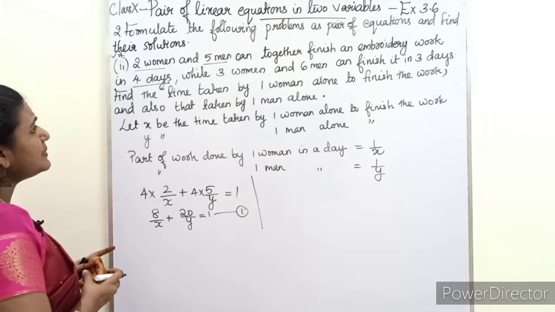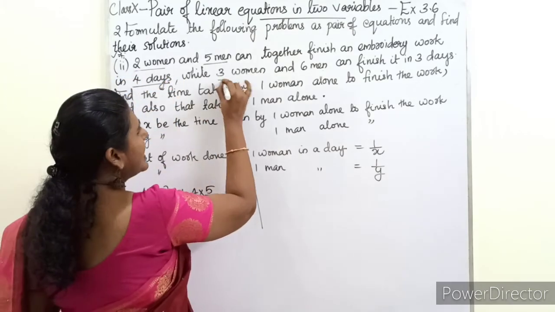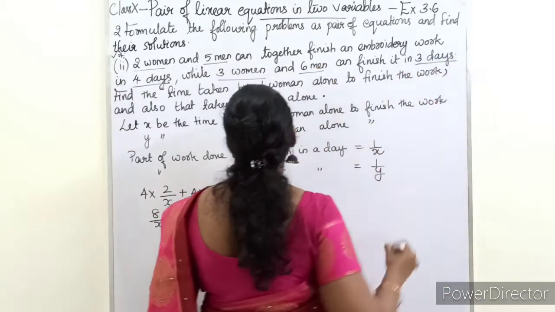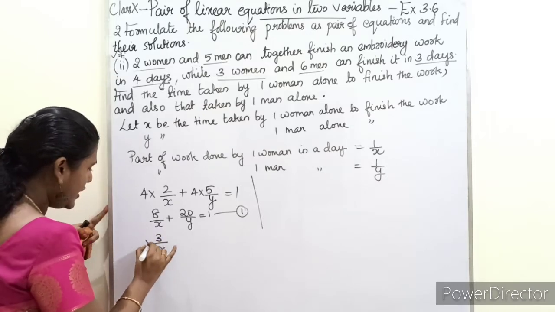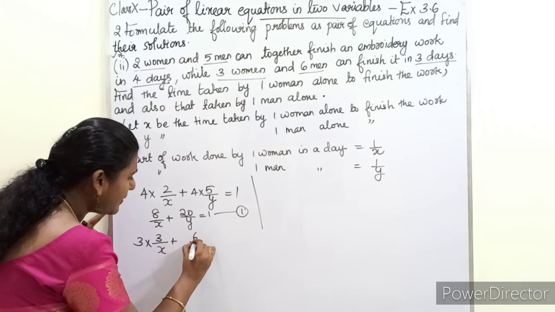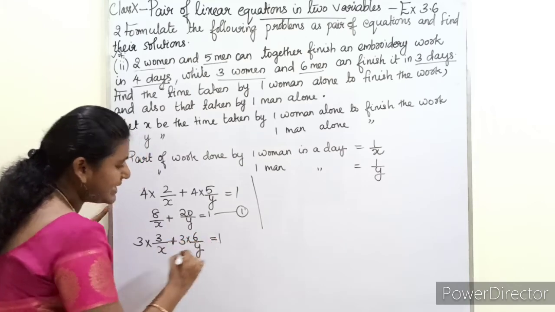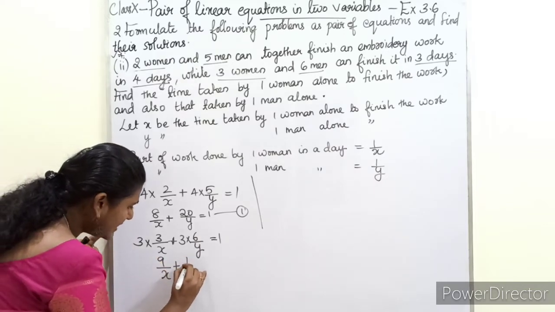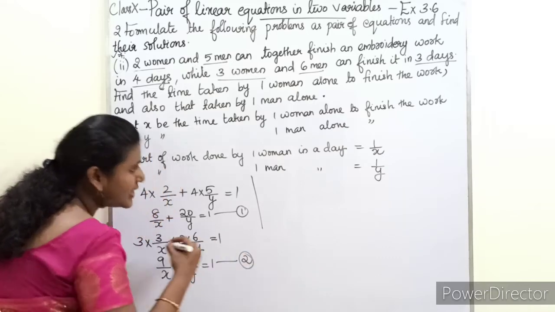Similarly, we will see the next one. 3 women and 6 men can complete the work in 3 days. So 3 women, that is 3 by x into 3 days, and 6 by y into 3 days. The entire work is getting completed here. So 9 by x plus 18 by y is equal to 1. This is the second equation.